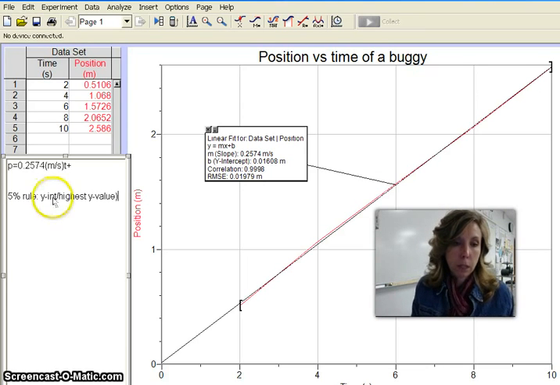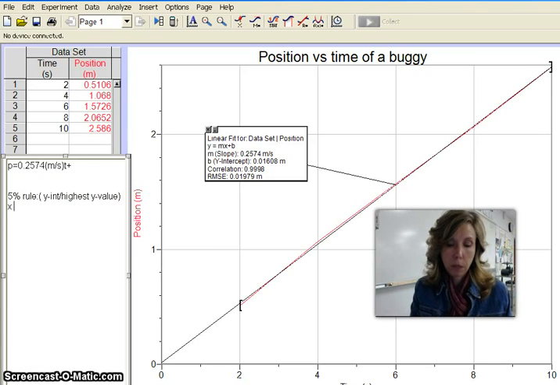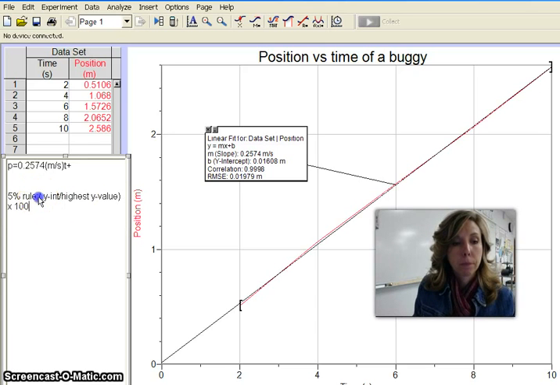I'll put this all in parentheses, because the last thing you need to do is multiply it by 100 to make it a percent. So y-intercept divided by highest y value times 100%.